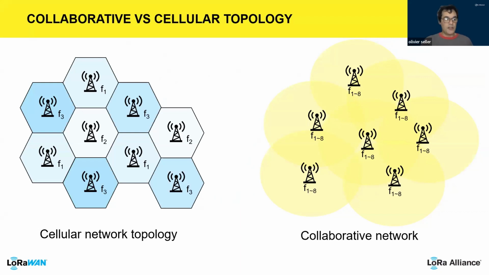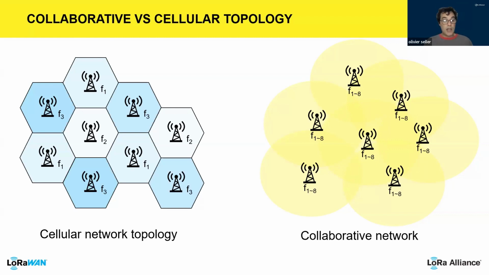So cells are defined, and if that cell is using frequency resources, for instance, a second set of frequencies, F2, its neighbors, the adjacent cells, will not use the same resources to avoid interference. The situation is a little bit the same with Wi-Fi networks.